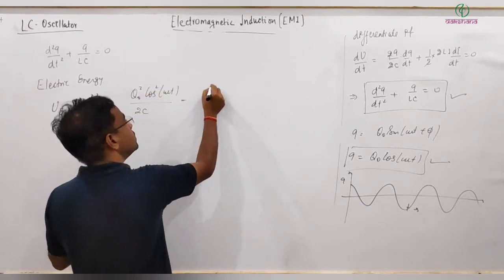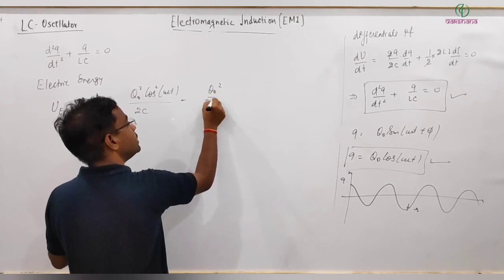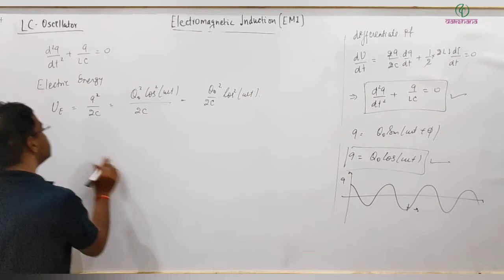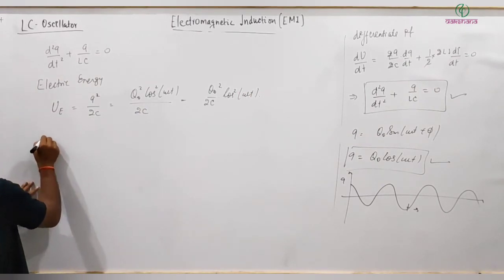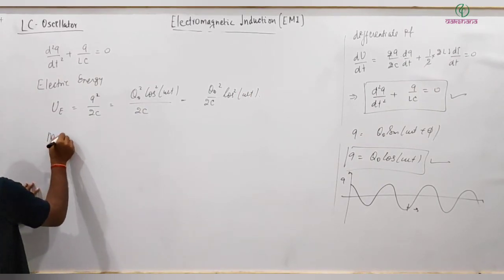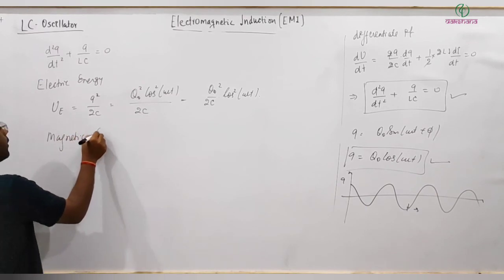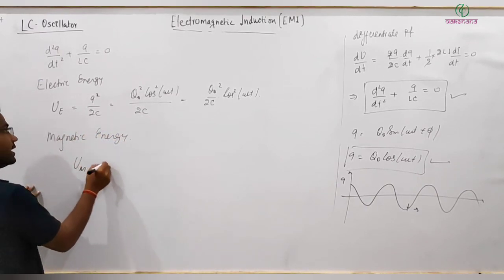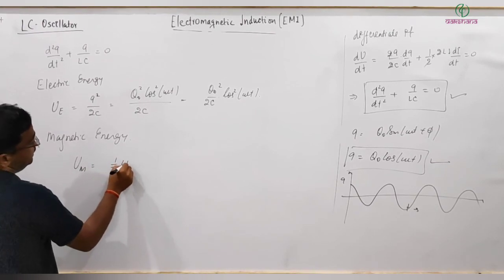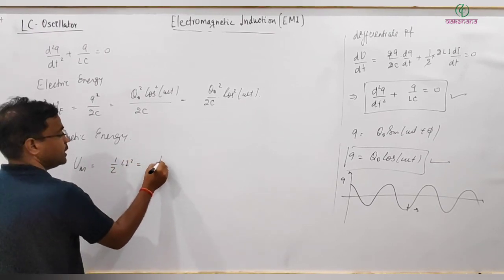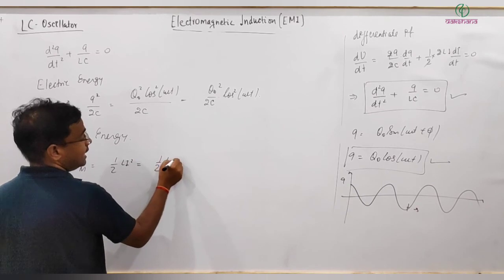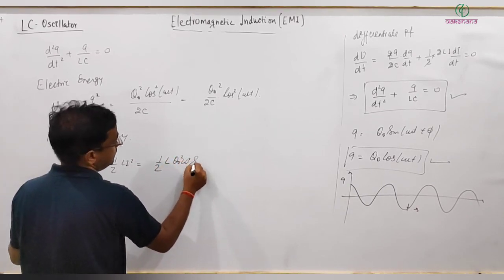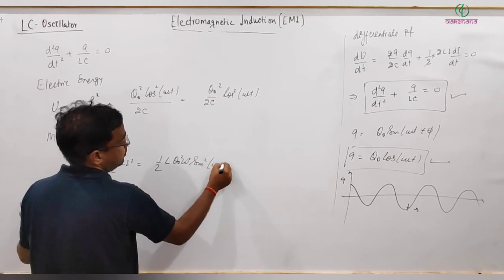Similarly, energy in magnetic field, or I can write magnetic energy, can be written as half L I square, and that comes out to be half L into Q naught omega whole square, into sine square omega t.